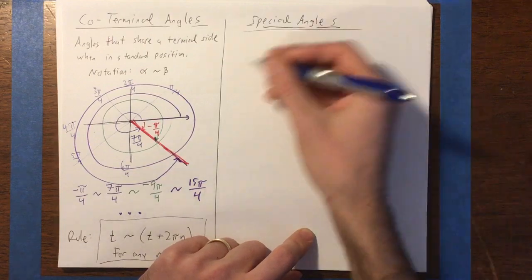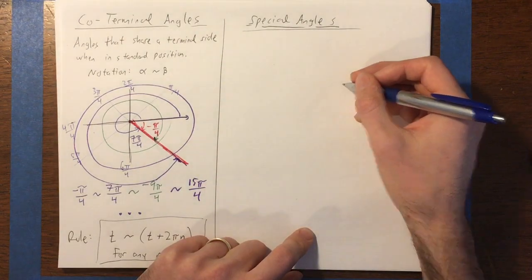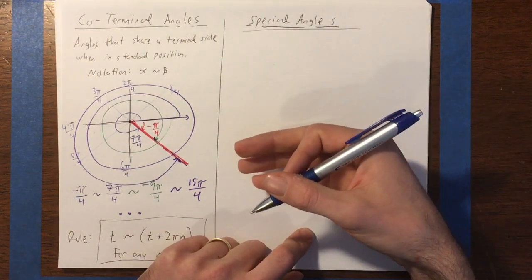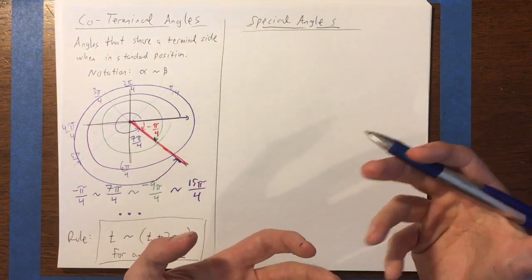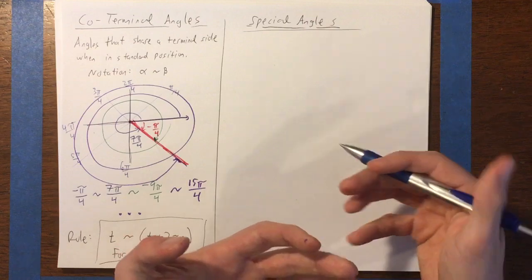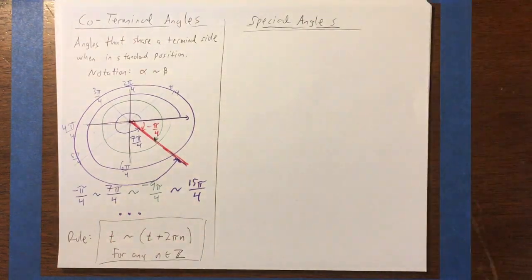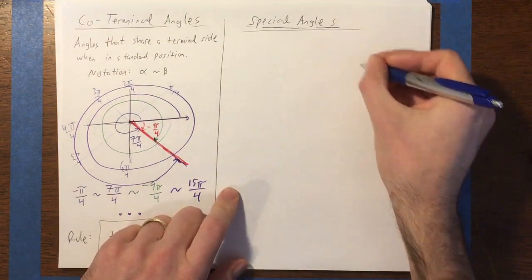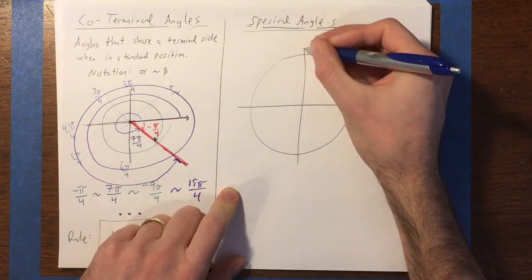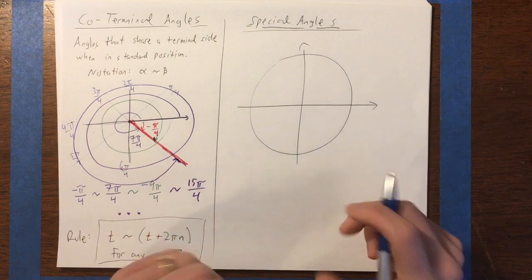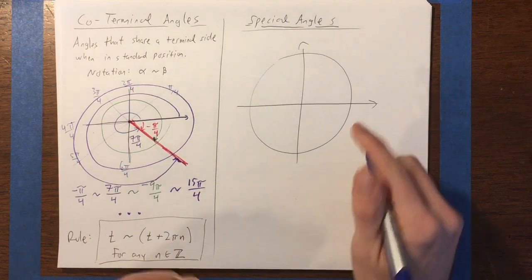Because if you measure beyond one full circle, then that's coterminal with something in the original circle. And for the purposes of trigonometry, we're not going to care about wrapping around the circle. So it turns out really all we need to worry about is angles within the first lap around the circle.